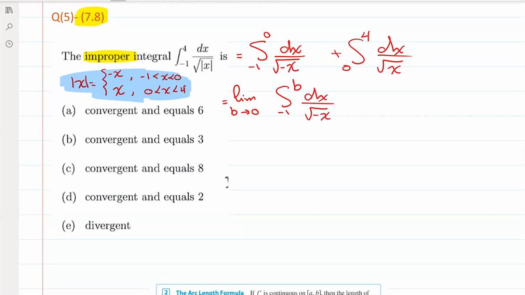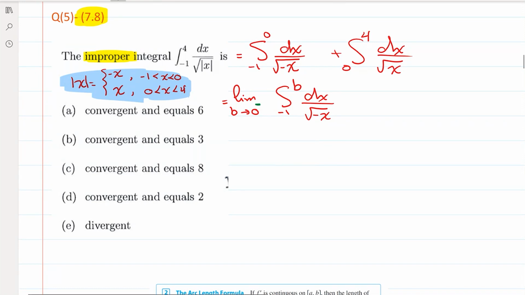But there is a small idea here. You need to understand it very well. This interval starts from -1 to 0. 0 from the right? 0 from left. Left, sorry. I'm caring about 0 from left. I don't care about 0 from right. 0 from right will be in the next integral.